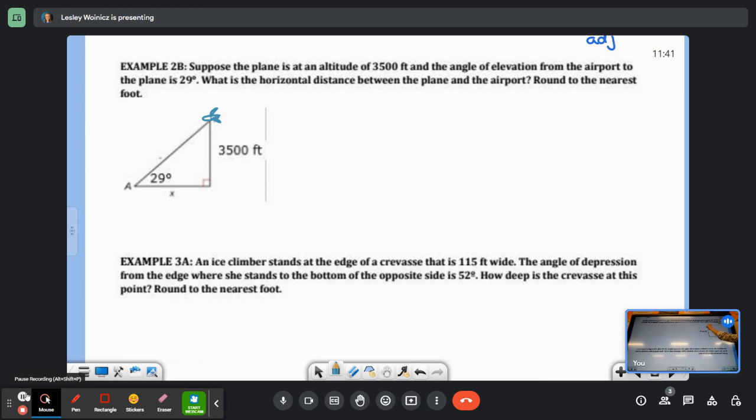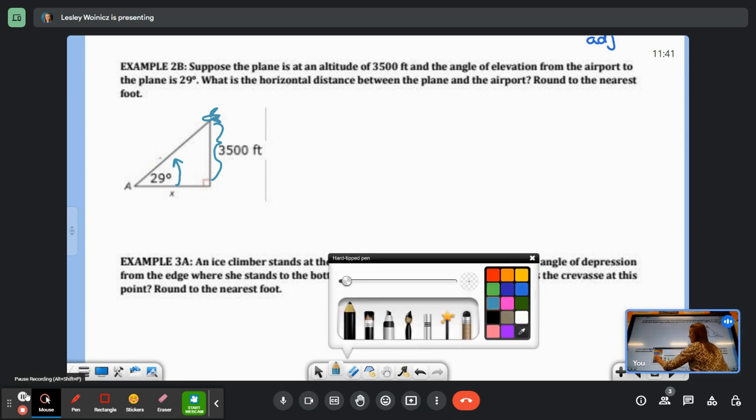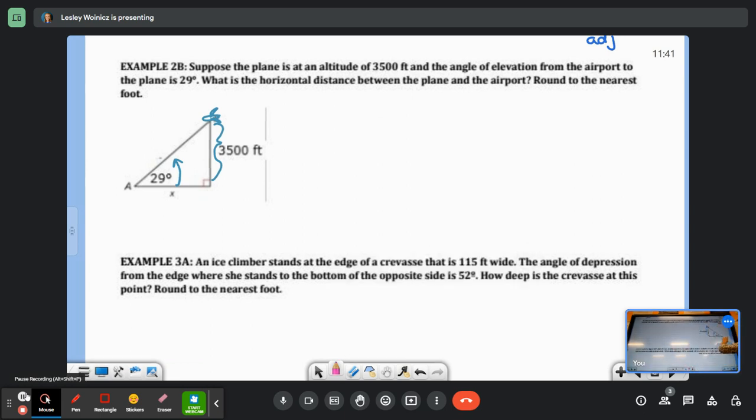So we know the height of the plane. We know the angle of elevation from the ground at the airport up to the plane. So when I look at my 29-degree angle, I have an opposite and I don't know the adjacent, but I can use the ratio that uses opposite and adjacent to find it.